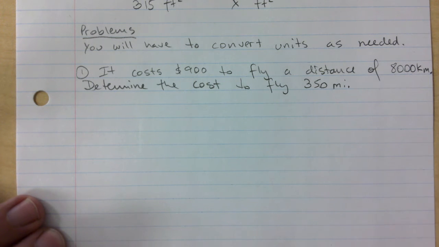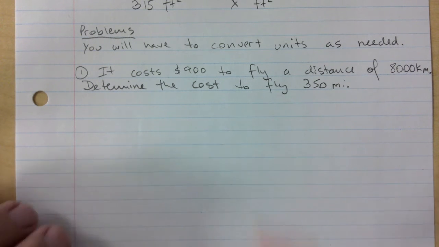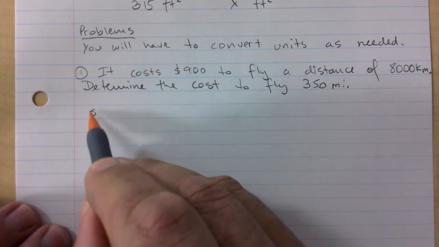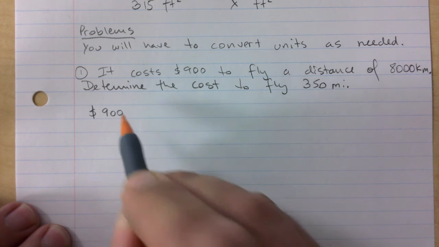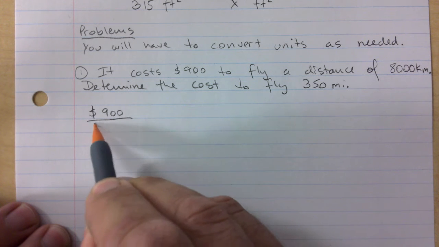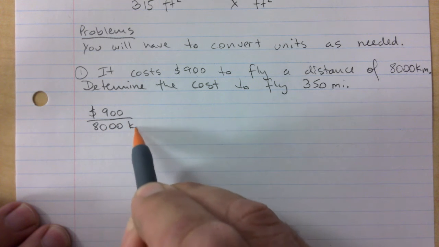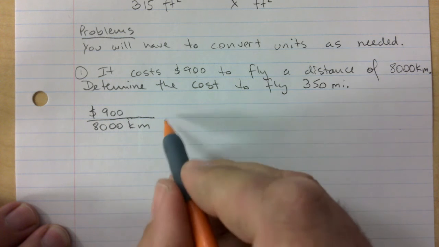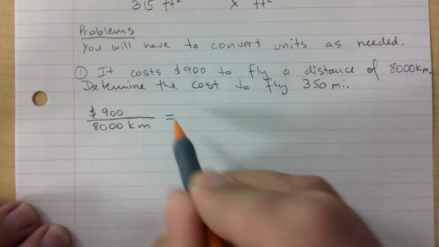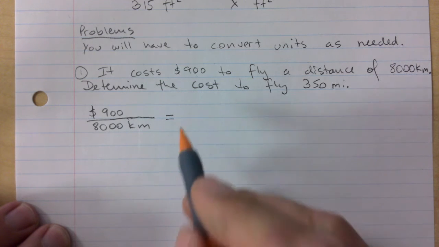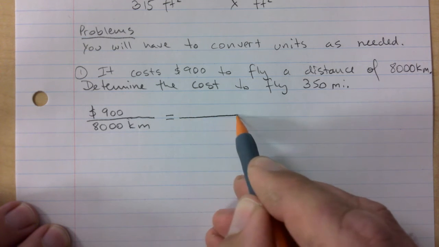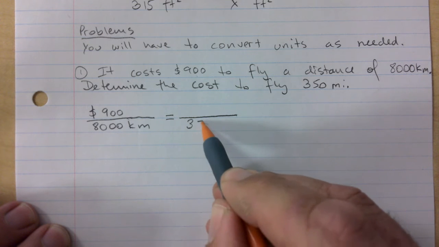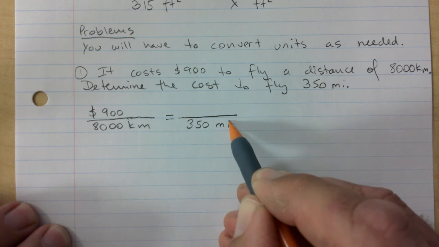So in this case, you do want to acknowledge, okay, this is a rate, so it costs $900 to fly 8,000 kilometers, right? And if this were true, then they're asking now if you travel the distance of 350 miles.